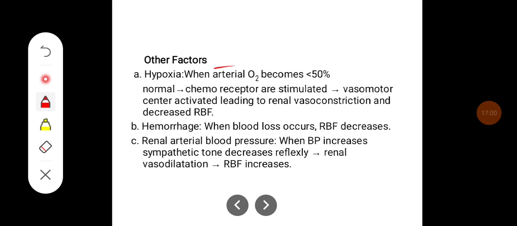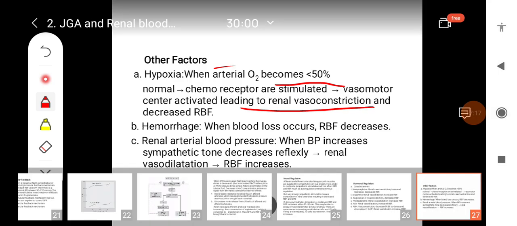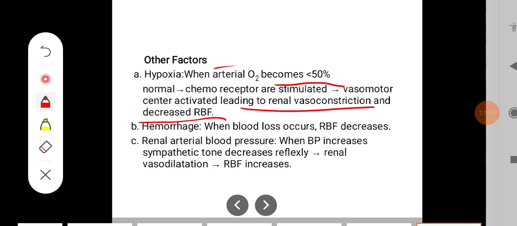The other factors which affect it are hypoxia, whenever the arterial O2 becomes less than 50. Normally, the chemoreceptors are stimulated, the vasomotor center gets activated, leading to renal vasoconstriction and decreased renal blood flow.